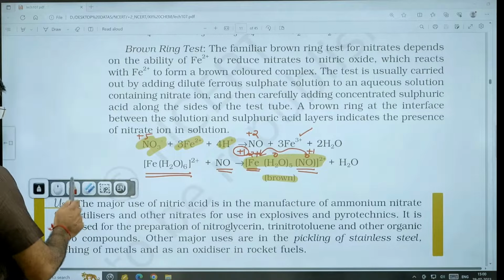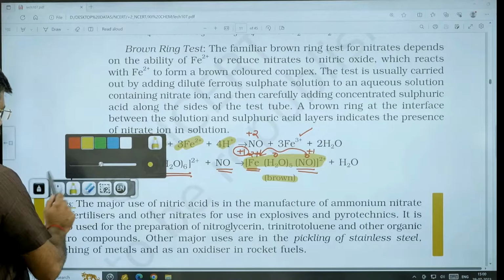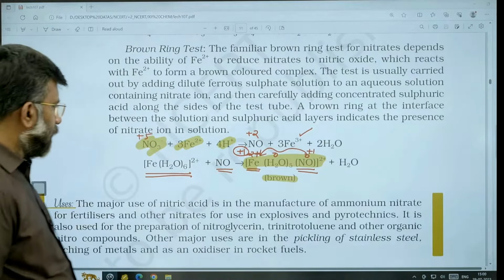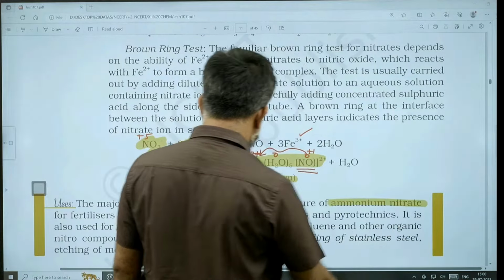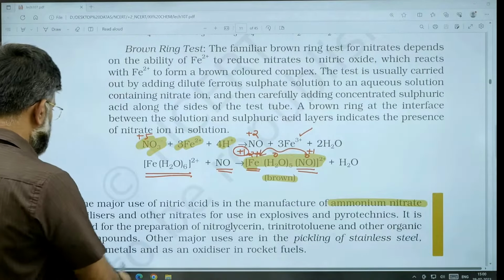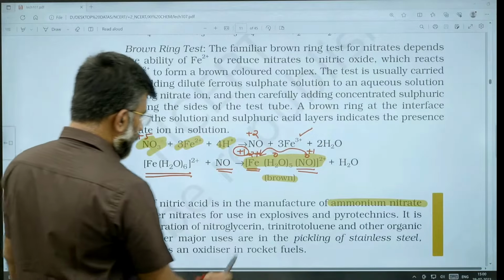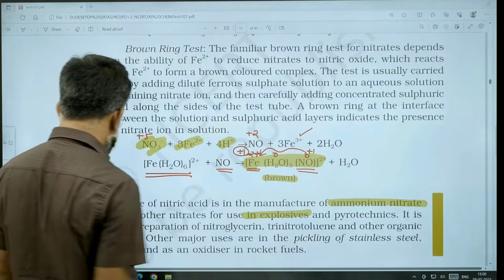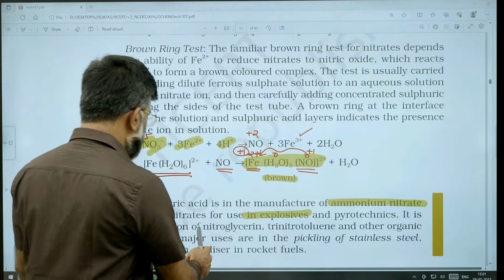And of course, uses of nitric acid, the last point in that area. Uses of nitric acid: in the manufacturing of ammonium nitrate, various fertilizers, explosives and pyrotechnics. Preparation of nitroglycerin.